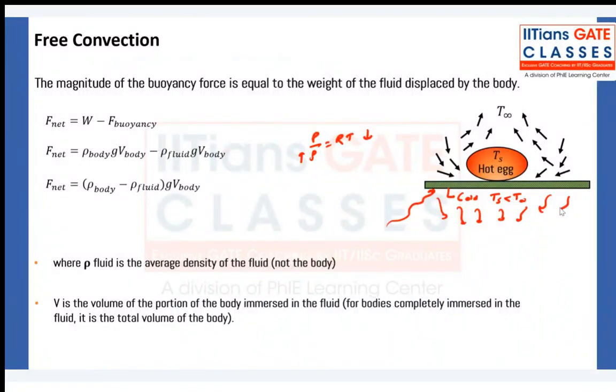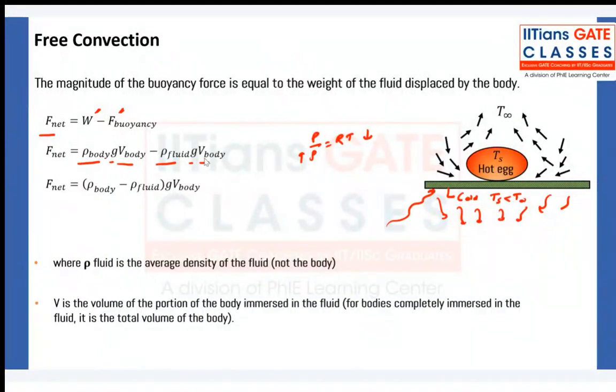Okay. Now, the net force that is acting is basically the weight of the body minus buoyancy forces. So what is the weight of the body? Rho of body, g, and volume of body. And what is buoyancy force? Rho of fluid, g, and volume of body. It is basically the amount of fluid that is replaced by the volume of the body that is causing the buoyancy forces. Okay.